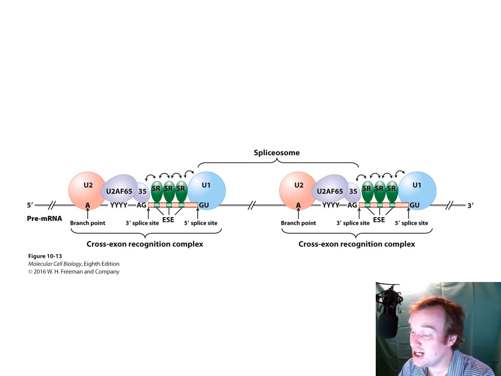That is a long, long stretch of sequence. Now, remember, our rule to define where splicing occurs is this AGGU rule. Those 4 nucleotides in a row, AGGU, are where the spliceosome recognizes that there should be a splice.